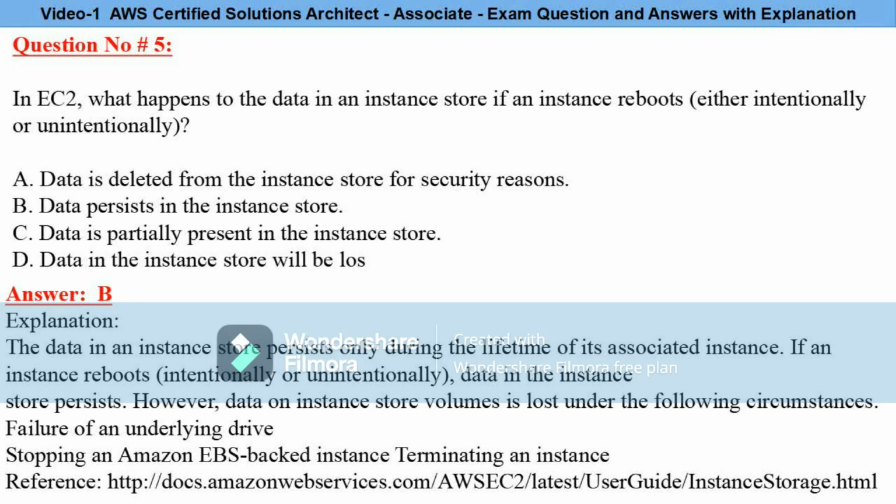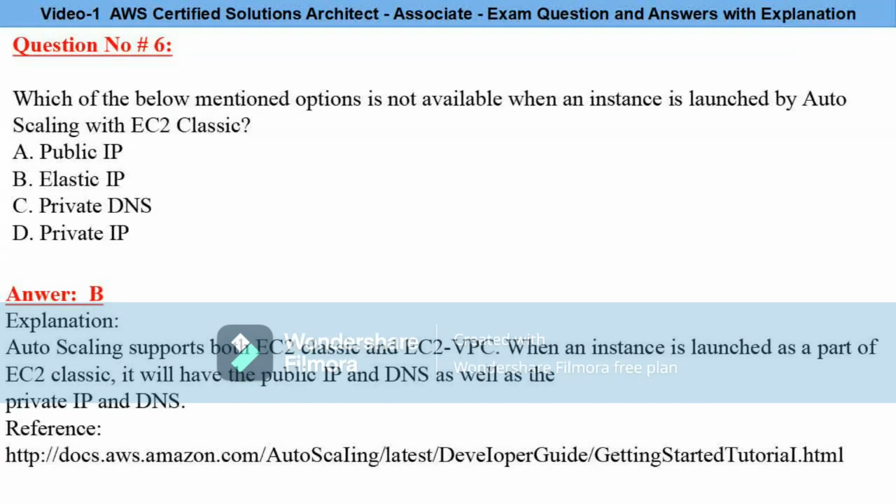For reference, we have to follow the link. We have to understand in depth what is going on with EC2 and other services. We have to know detailed, scenario-based understanding so you can crack the exam easily.